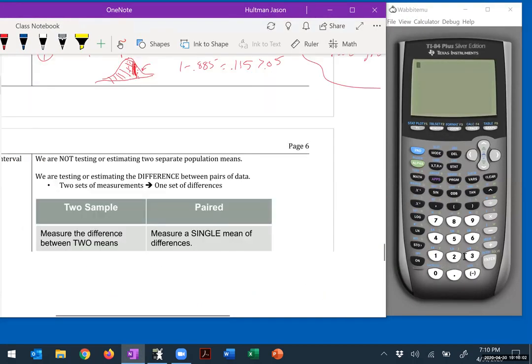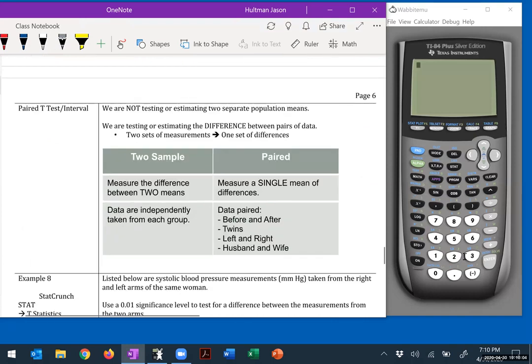Okay, what happens if they are paired? If we have pairings, say that we have husband and wife, and this is hypothetically maybe minutes that they exercise.